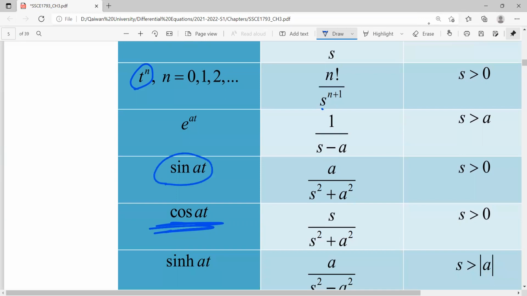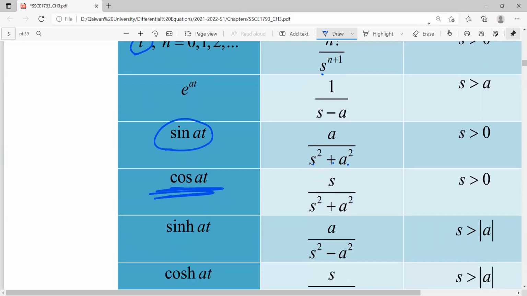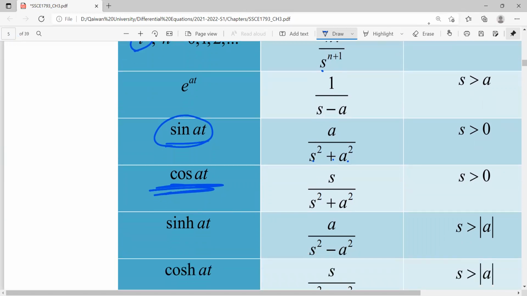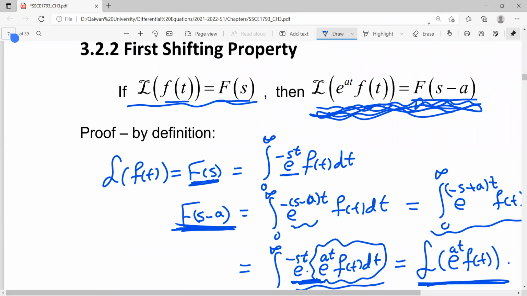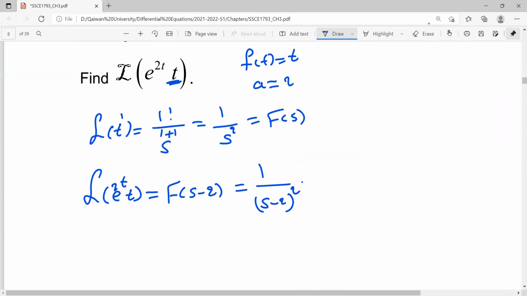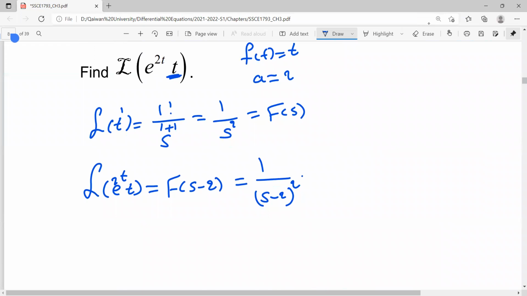What if it is sine? It's a over s squared plus a squared. That's the Laplace transform for that. If f is sine hyperbolic of at, it's that. If f is cosine at, it's that. So it depends on the function. Here the function is t. That's why we say it is 1 factorial, the exponent factorial.